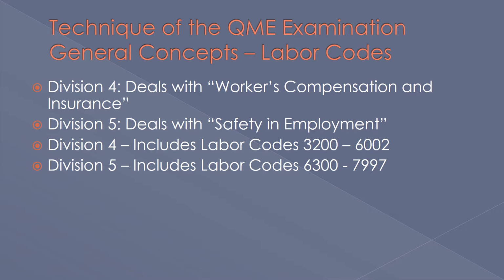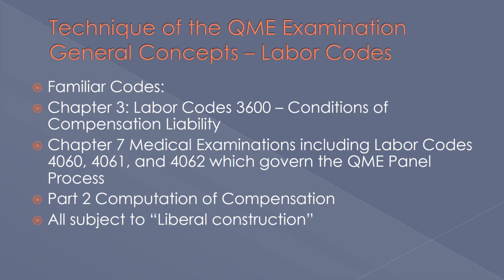Let's review some of the codes you might be familiar with, for example, Labor Code 3600, the conditions of compensation liability, which deals with the presence or absence of industrial injury. Those code sections are subject to liberal construction.